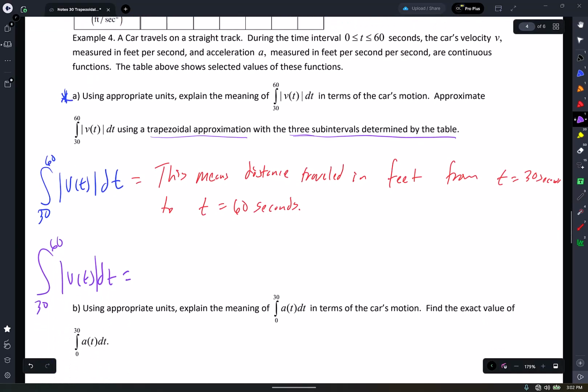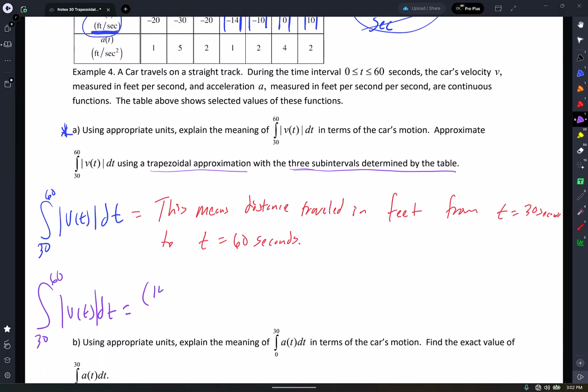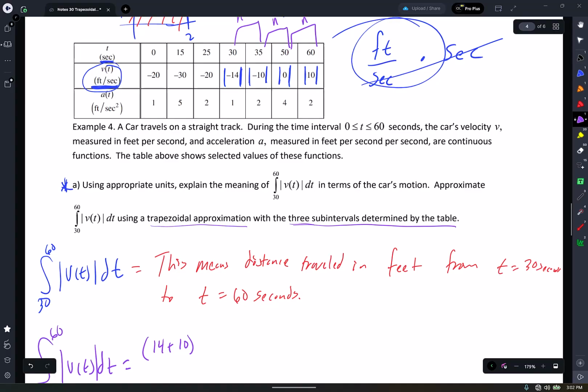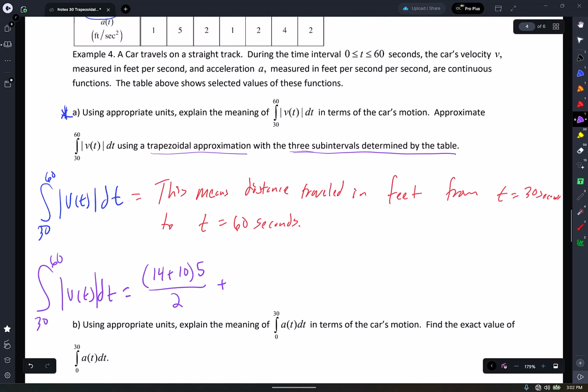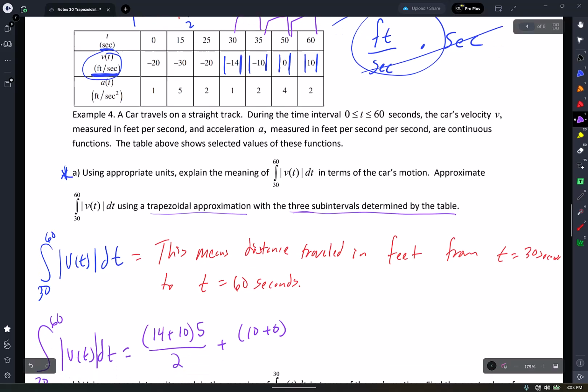So here we go. Base 1, 14 plus 10 times the delta x. All I did was my formula, guys: base 1 plus base 2 times height divided by 2. Are we okay? Plus, here we go with the next one: 10 plus 0 times what?